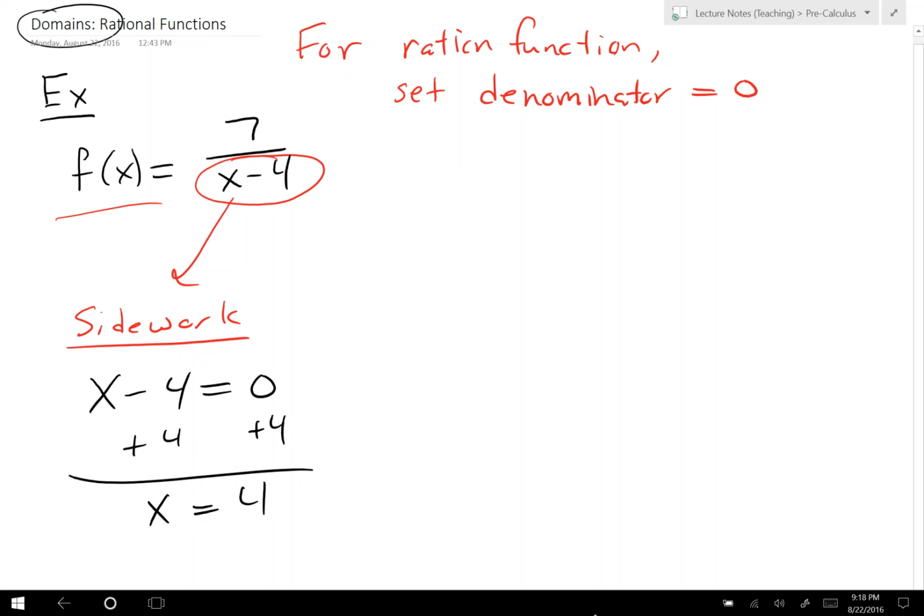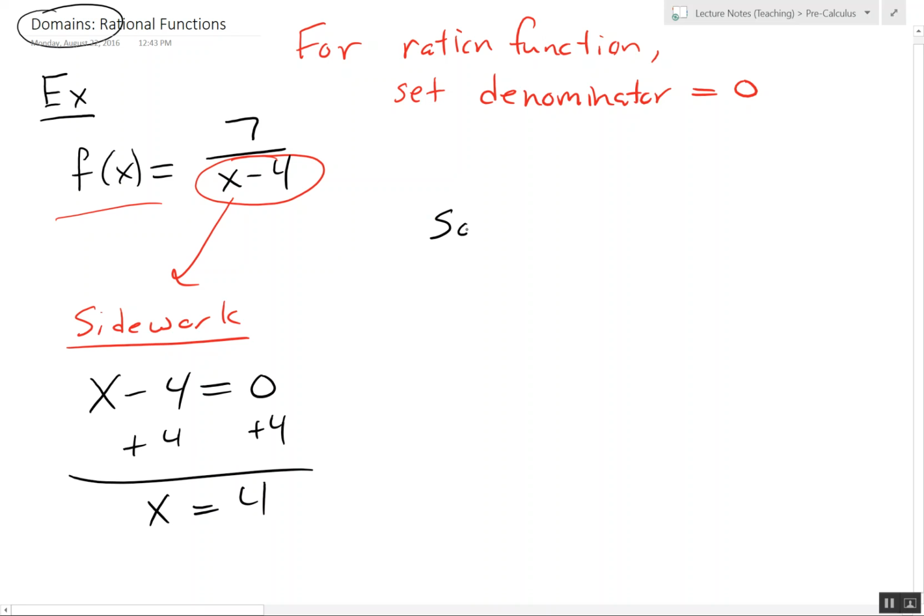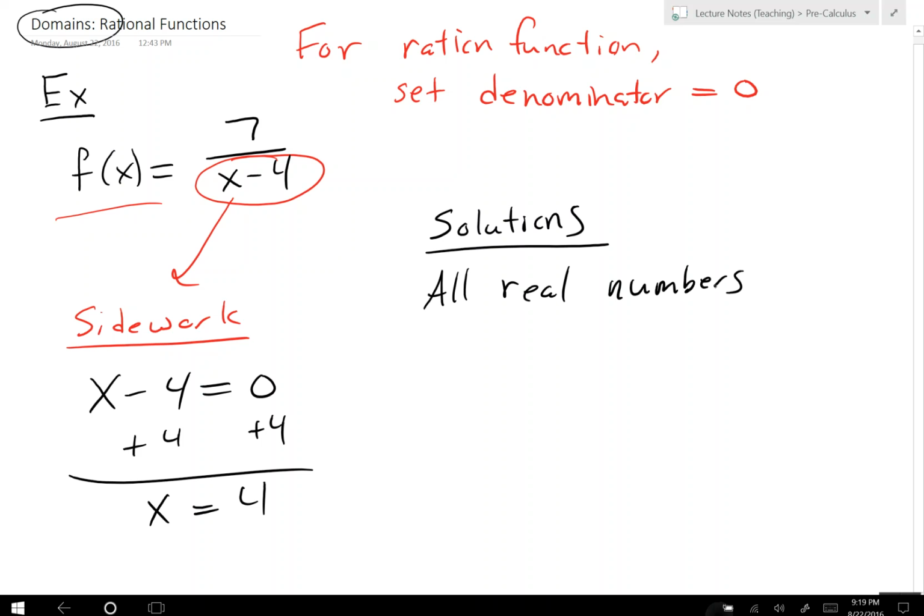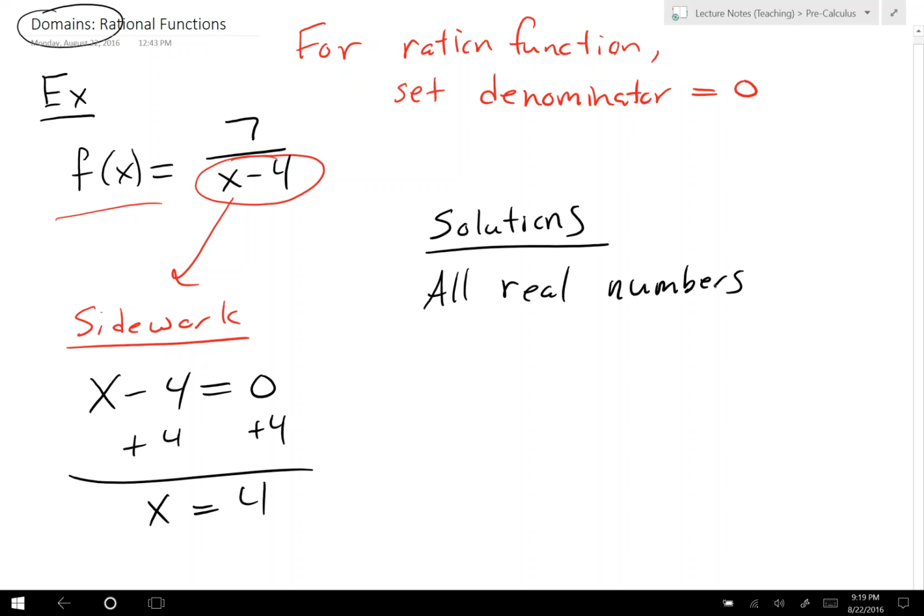So what are our possible solutions? There's a couple different ways to write this. One is just all real numbers except 4.